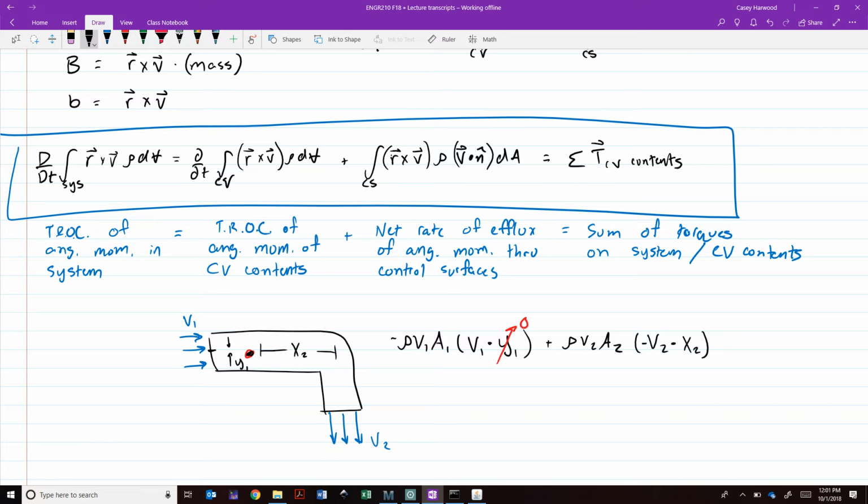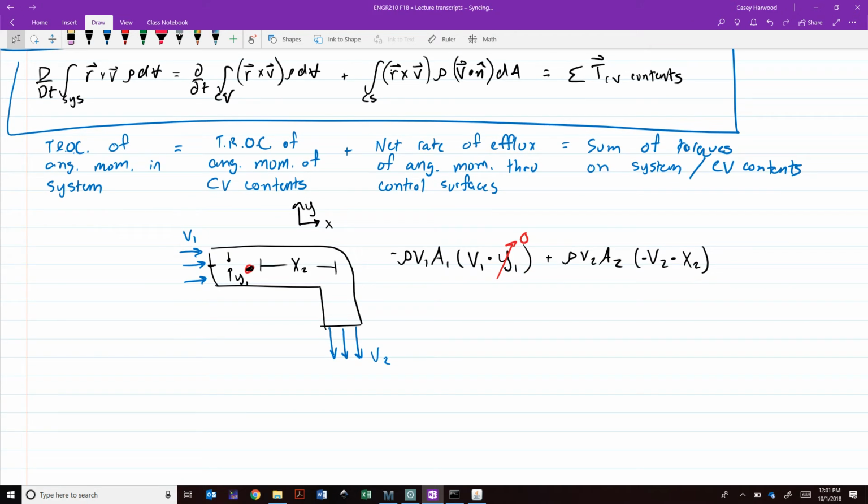We could say that R2 crossed with V2 would be, index finger in the direction of R2, middle finger in the direction of V2, and then your thumb is going to indicate into the page. In this case would be negative, right? In other words, if this is our coordinate system, X, Y, then that cross product would have a negative sign in front of it. And so you're just plugging in one more quantity.